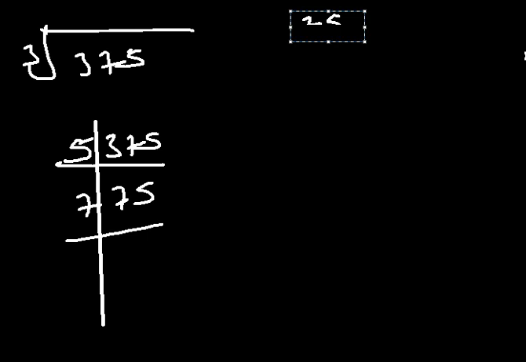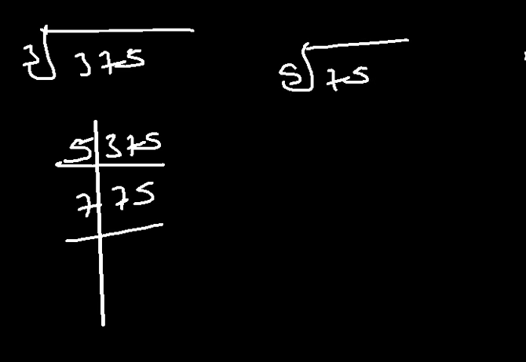We should see if it is possible to express 375 as a power of 3. Let's also work it in the same way. We'll have 75, which is 5 times 15, which is 5 times 5 times 3. So we'll have 25.